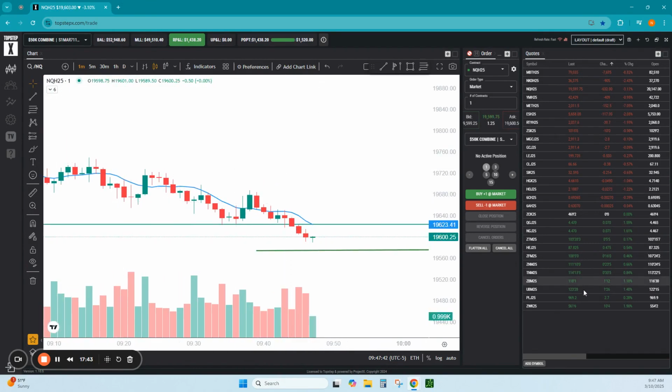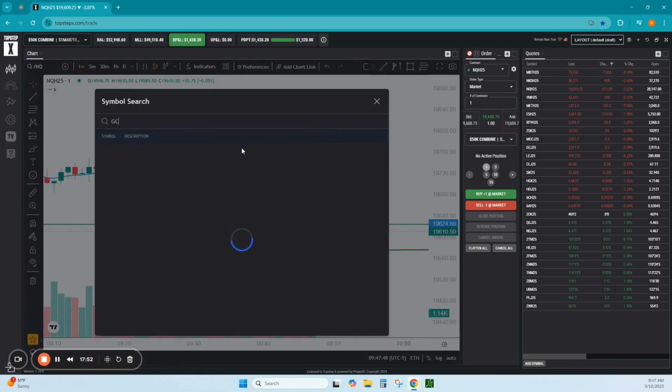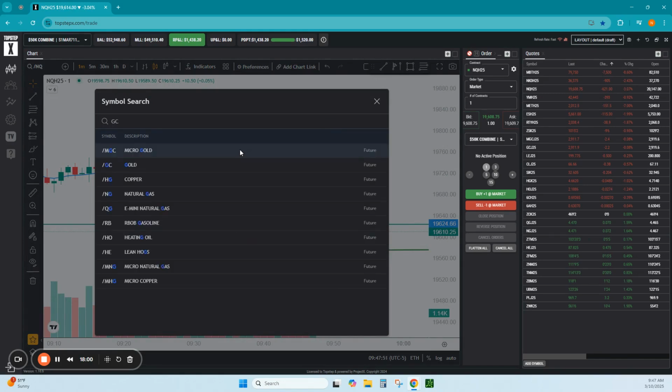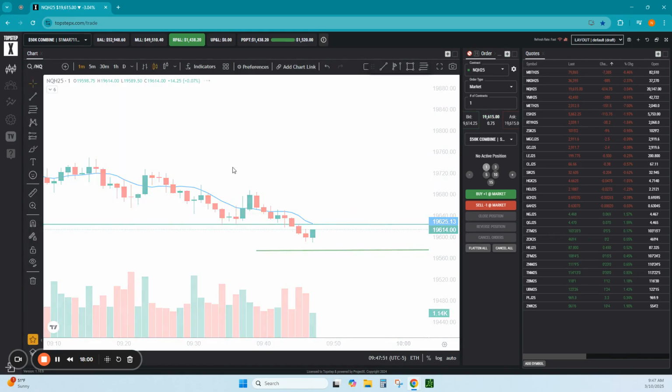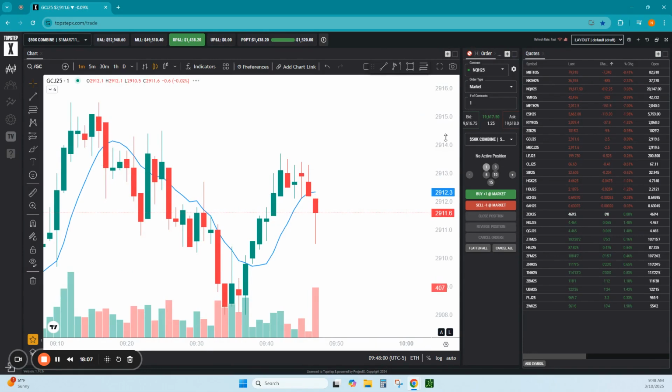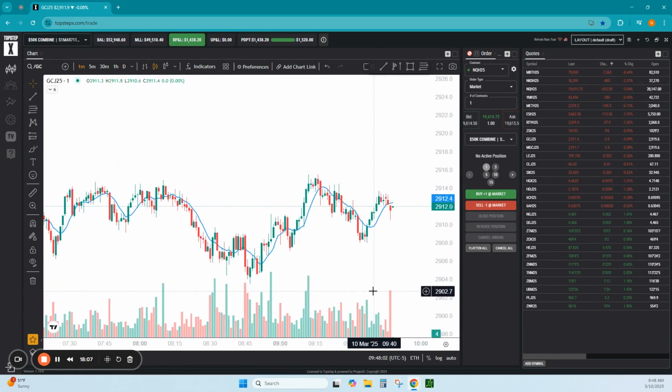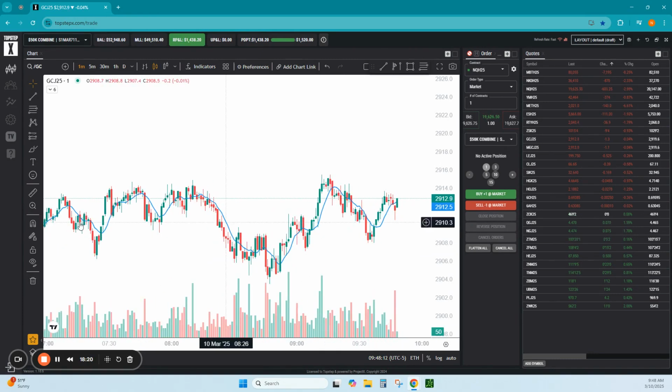This is just slowly moving down. What's gold doing? Let's check out gold. Gold is pretty much flat on the day, trading sideways right now.